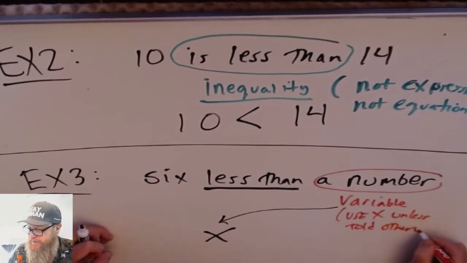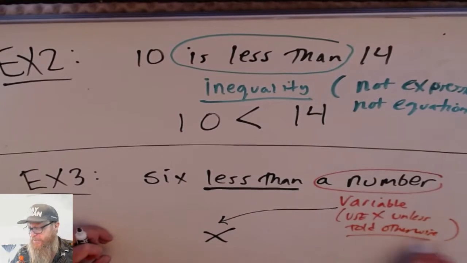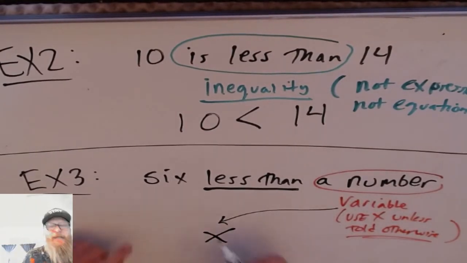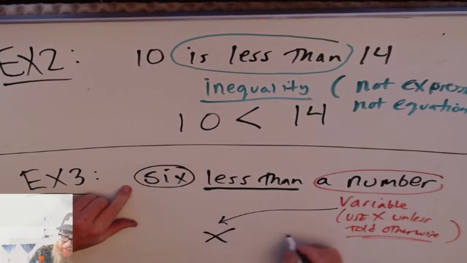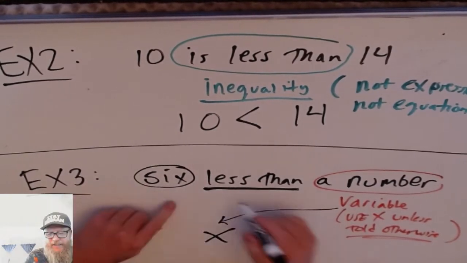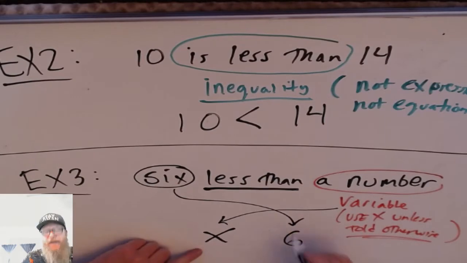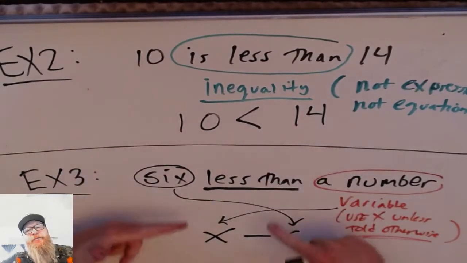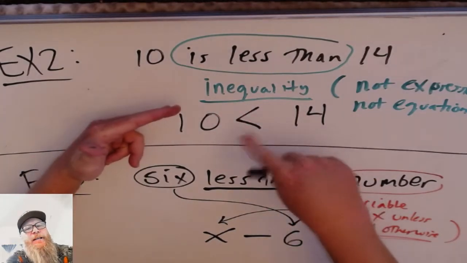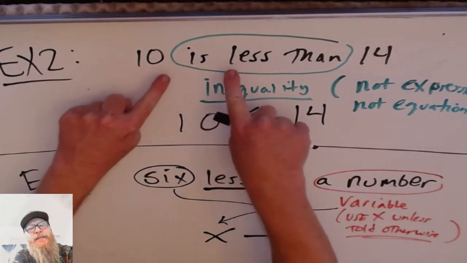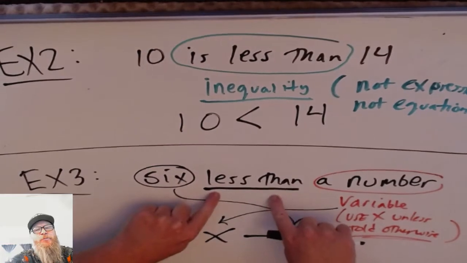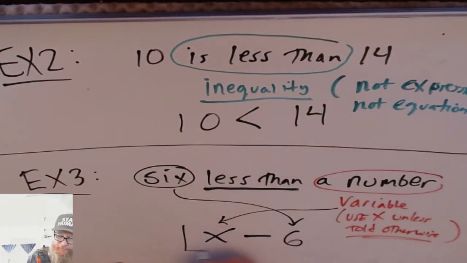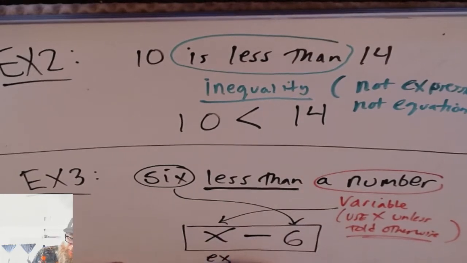You can actually use any letter you like, but there are some problems in the homework that specifically tell you what you have to do. And then 6 is obviously 6. It goes over here. And then less than now means subtract. So notice the difference between an inequality less than, is less than, and a subtraction less than. It's all about whether the word is there. This is an expression.